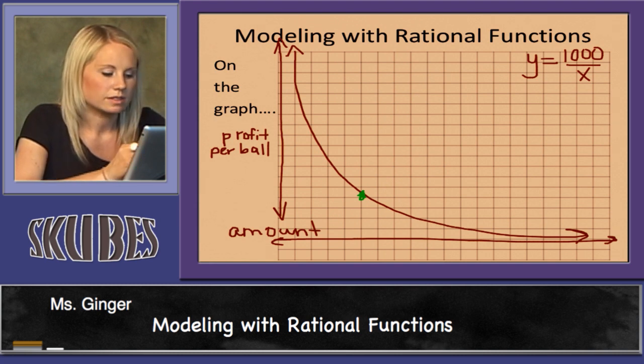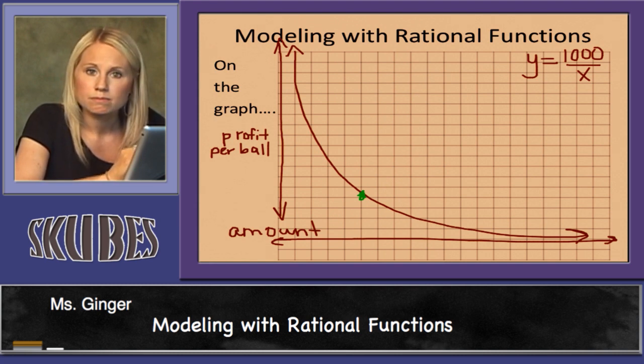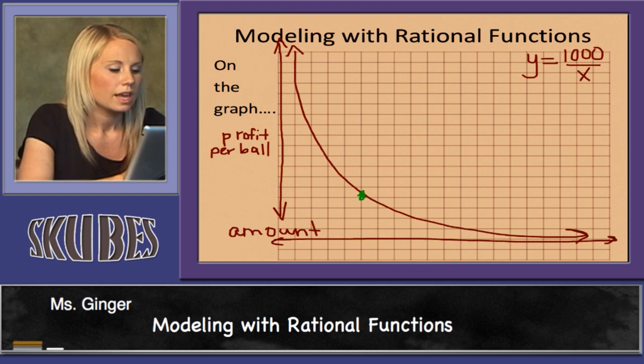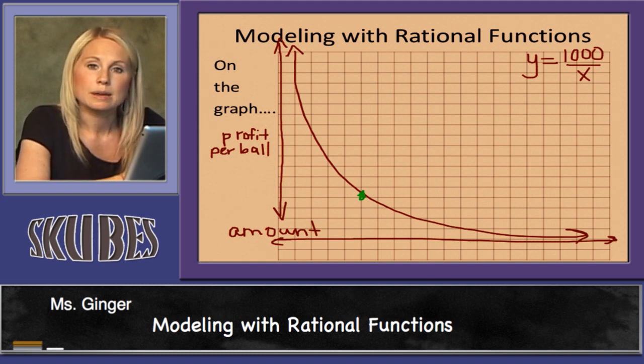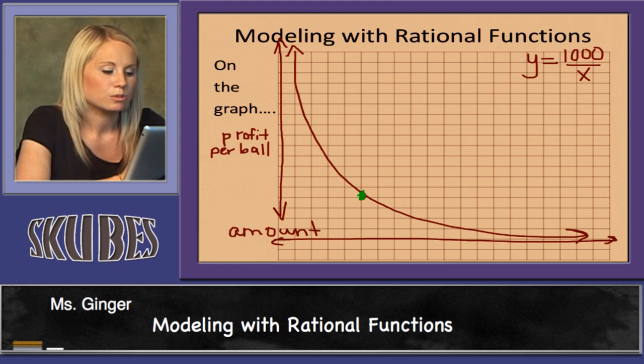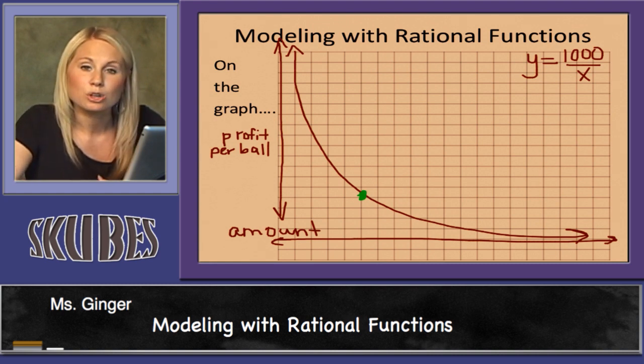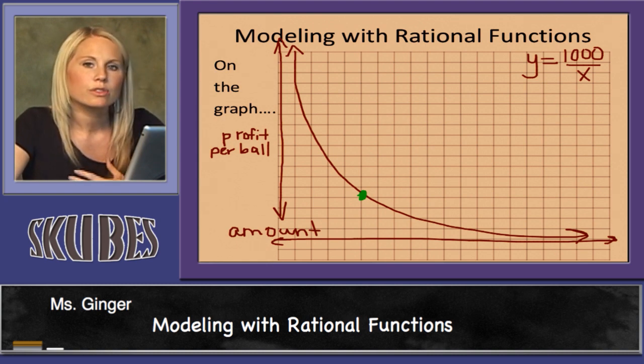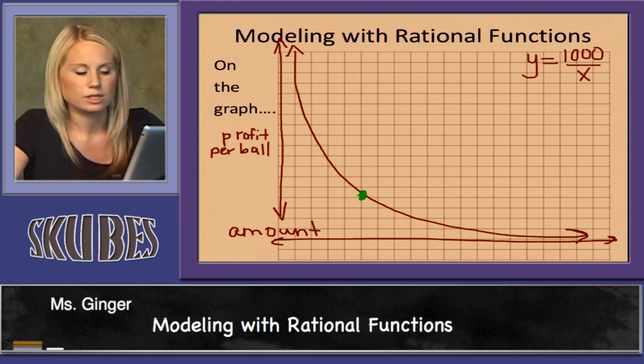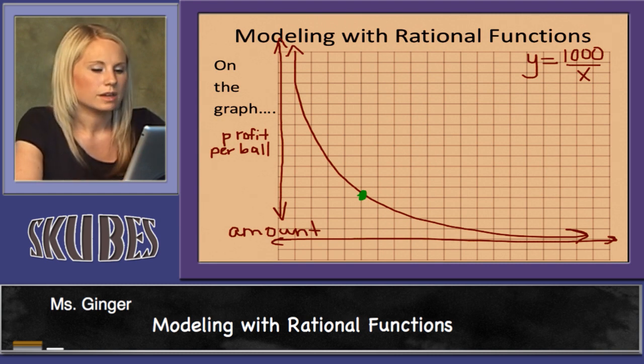So let's say this is around 6 balls sold. And then we would look on our y-axis to see the amount that matches that. And that would be the amount that we would need to charge to stick to our total profit of $1,000. Okay? So we can use functions like this to sort of find the right combinations for ourselves or for our business in our real world uses.